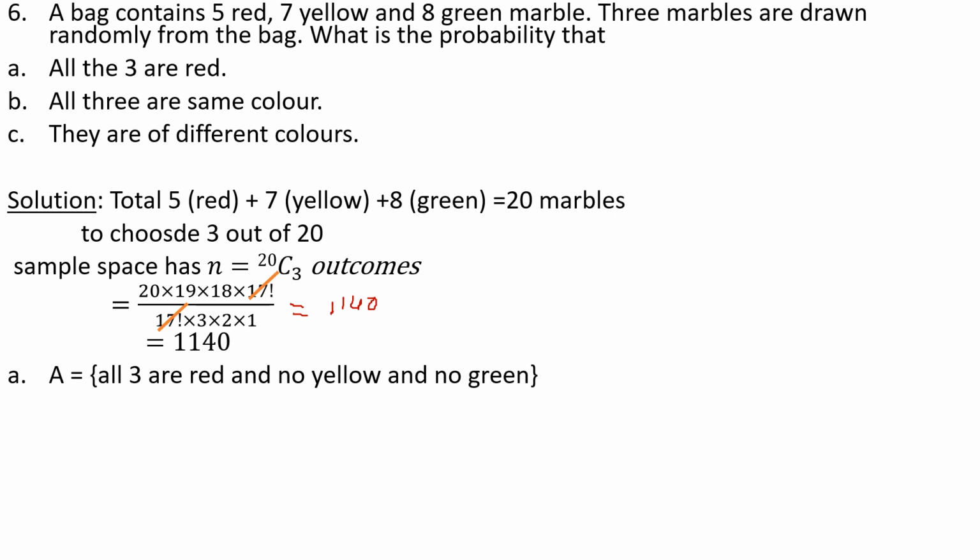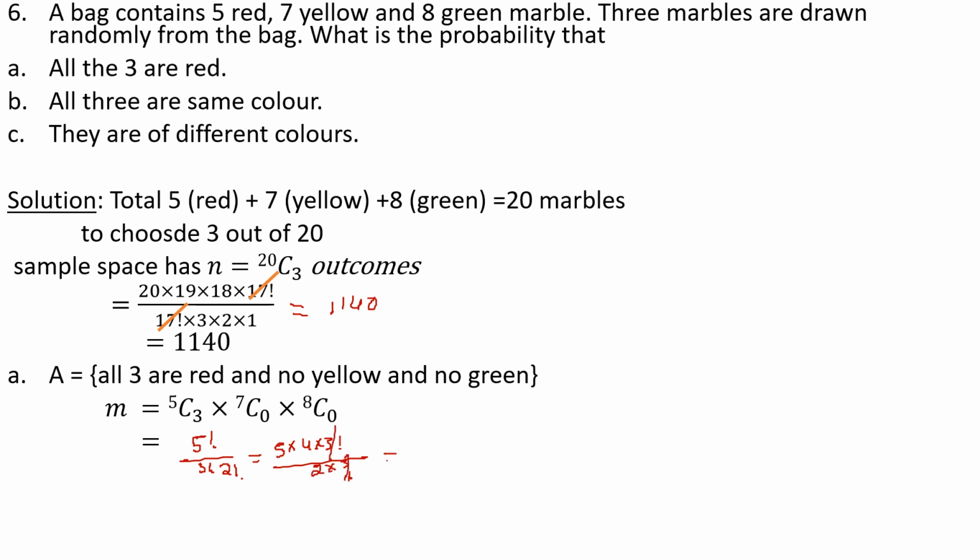So total number of possible outcomes are 5C3, and we are not supposed to choose either yellow or green color. So 5C3 will be equal to 5 factorial divided by 3 factorial into 2 factorial, equal to 5 into 4 divided by 2 into 3 factorial.